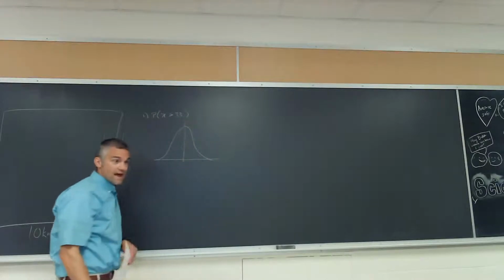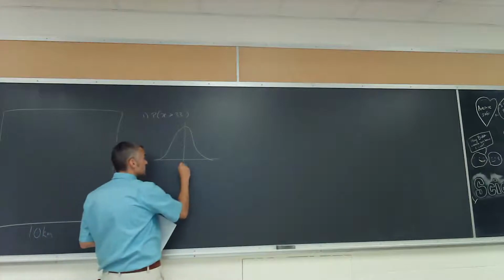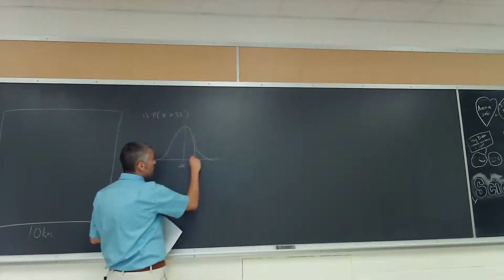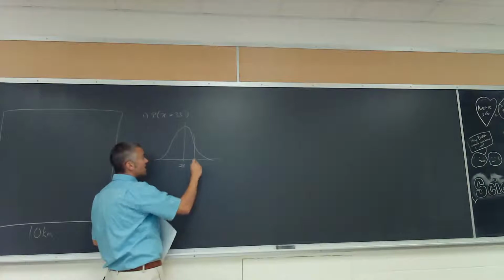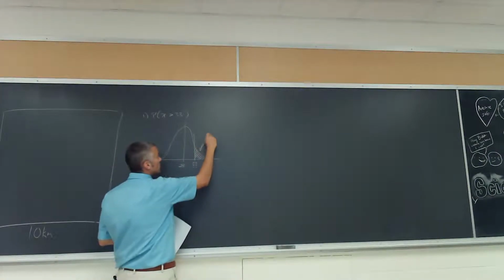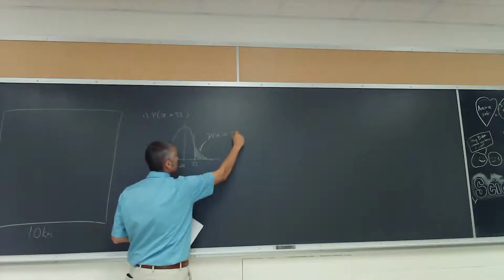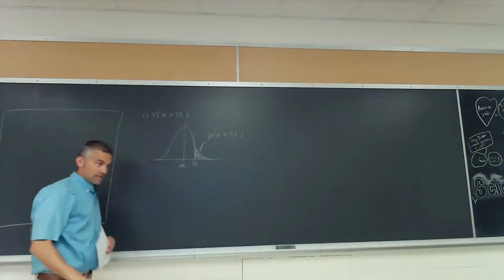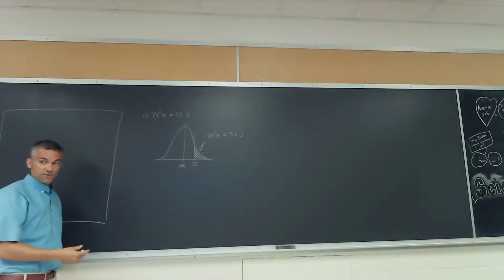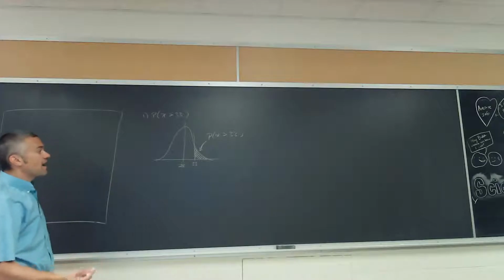We are centered at our mean, at mu, so the average length is 28. We're looking at 33, and we want this area. That's the area that we want. So that is the probability that x is greater than 33. And this is comparable to a p-value that you'll see going forward. So how do we do that?